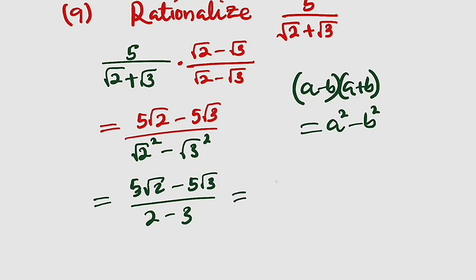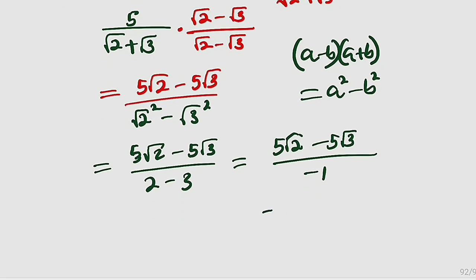This is equal to 5 root 2 minus 5 root 3 divided by negative 1. And this negative 1 will affect these two terms. So it will be negative 5 root 2, and minus and minus will be plus, so we have plus 5 root 3.